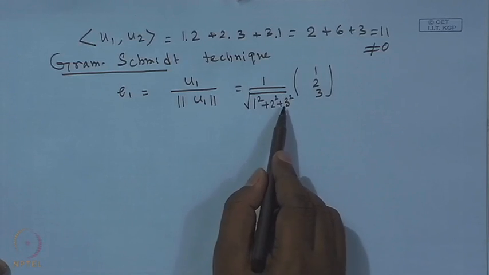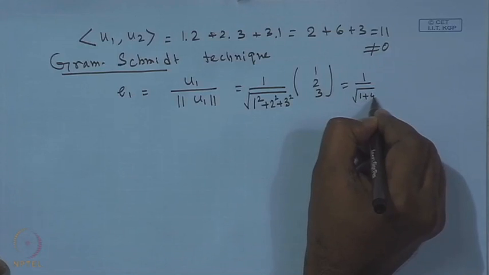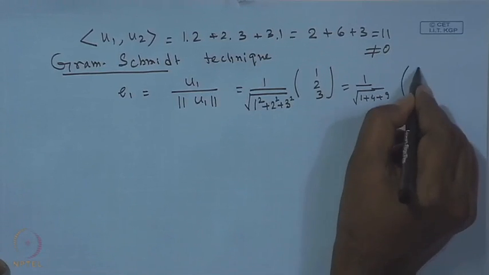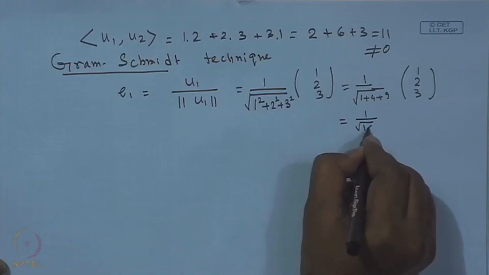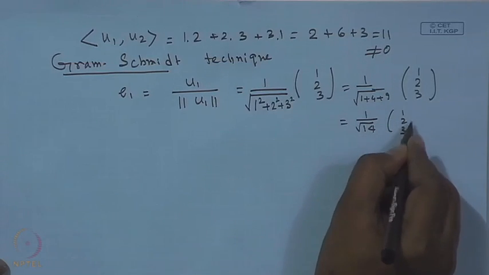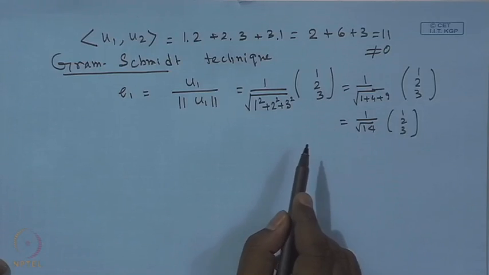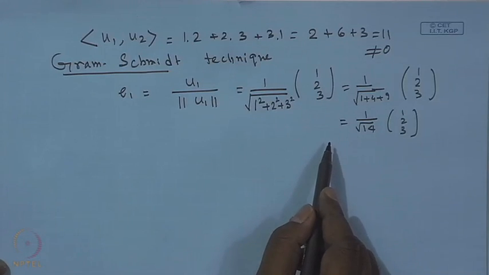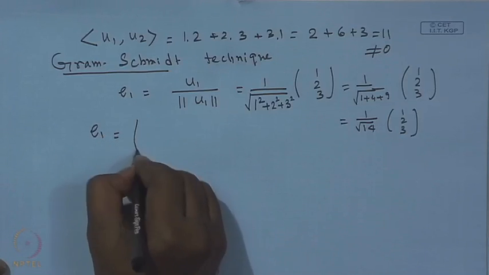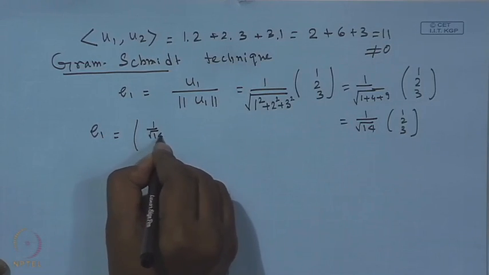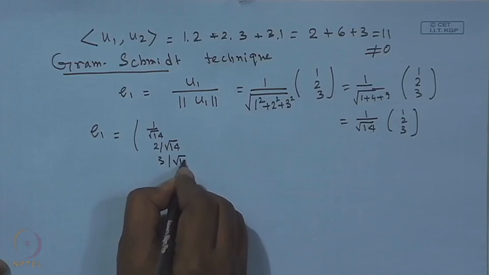So, it will be 1 over root over (1 plus 4 plus 9) times 1 2 3. So, this will be 1 over root over 14 times 1 2 3. This e1 is the first vector of your target set E. So, e1 is nothing but 1 over root over 14, 2 over root over 14, 3 over root over 14.